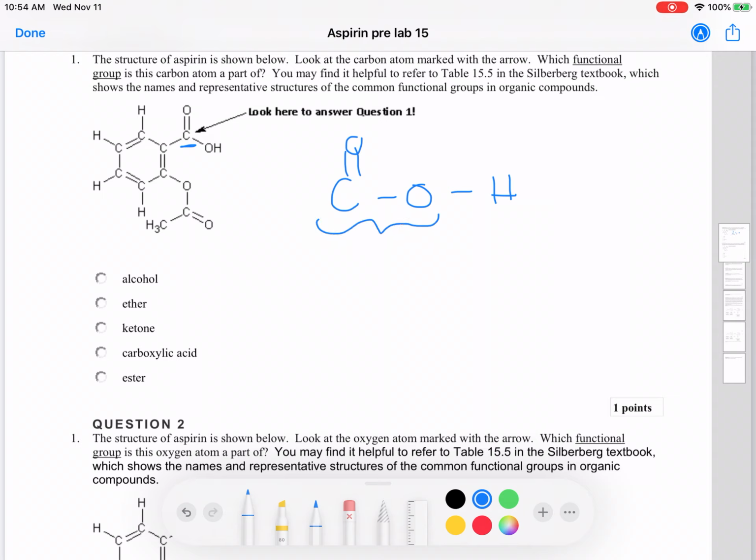This group can be connected to any other carbon or any other group. When you have a hydrogen next to the oxygen, this is called carboxylic acid. What I have drawn here is the acetic acid functional group, carboxylic acid.